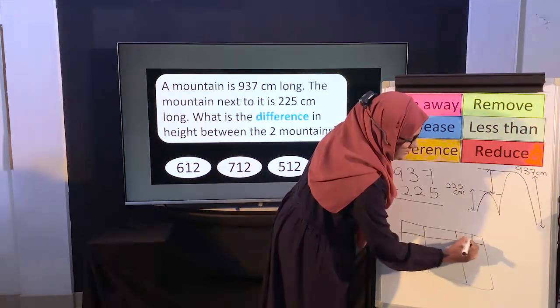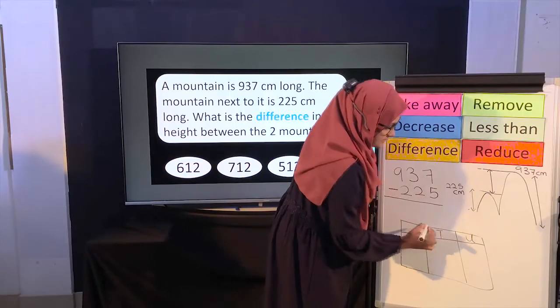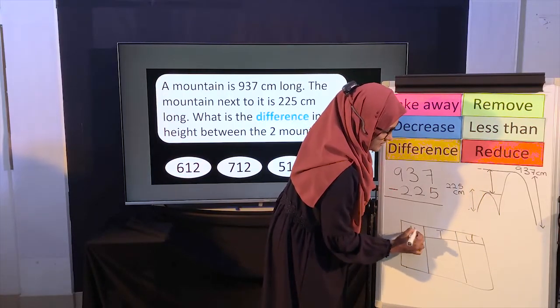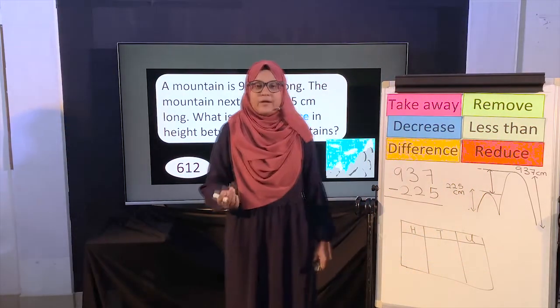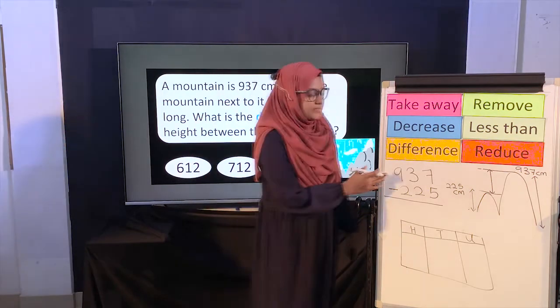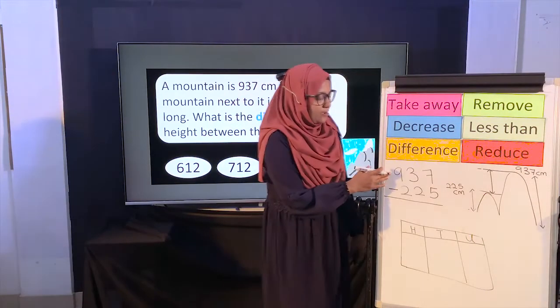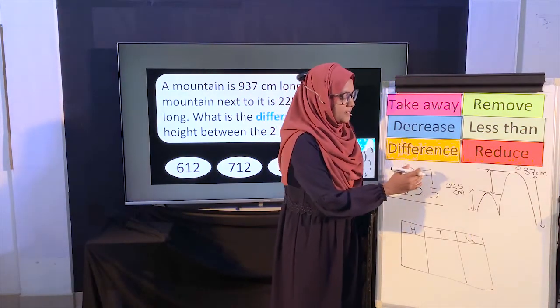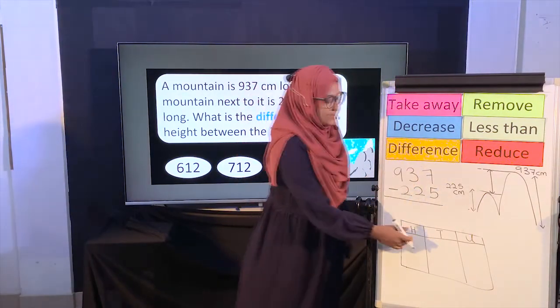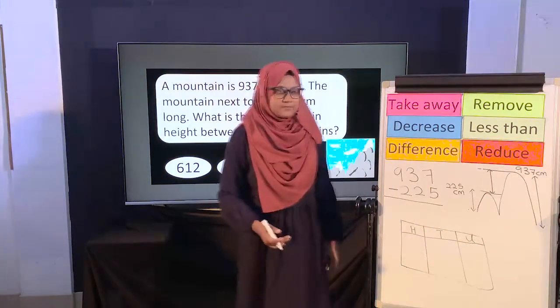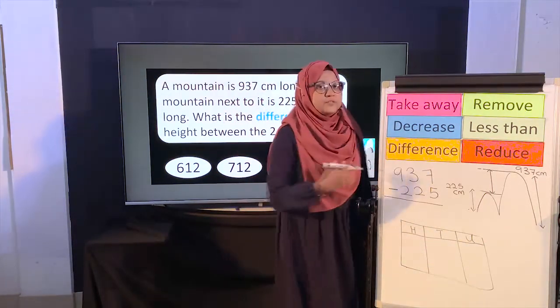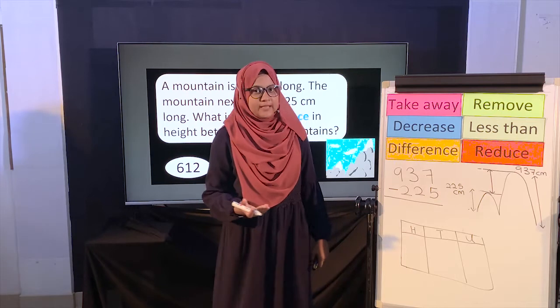So we write units here, tens and hundreds. And we are going to use circles to represent these numbers. First of all, we have to make 937 on this table. Always we have to start from the units place.